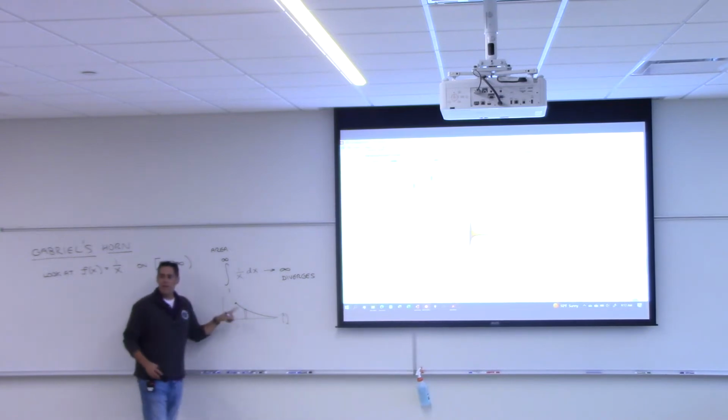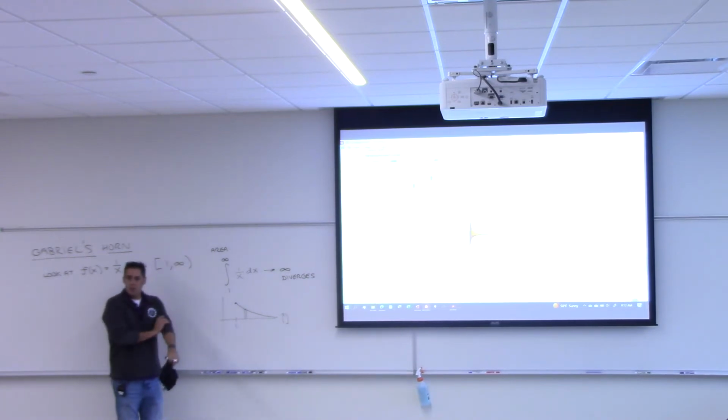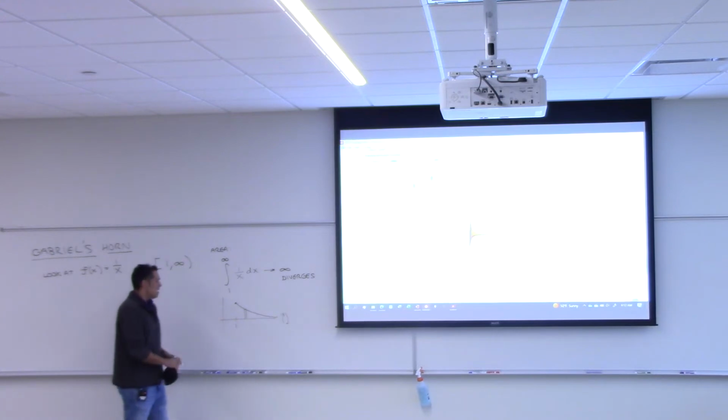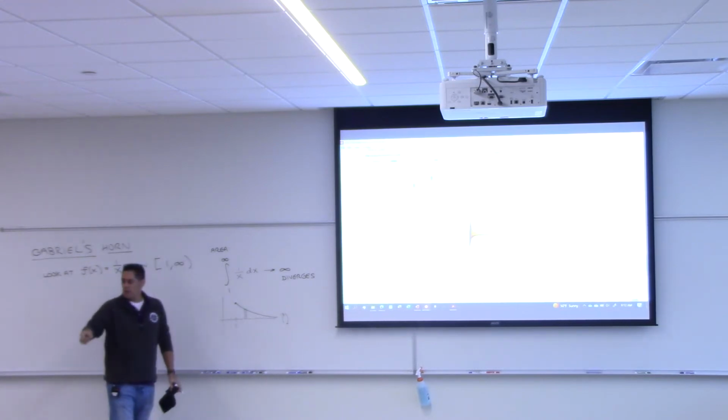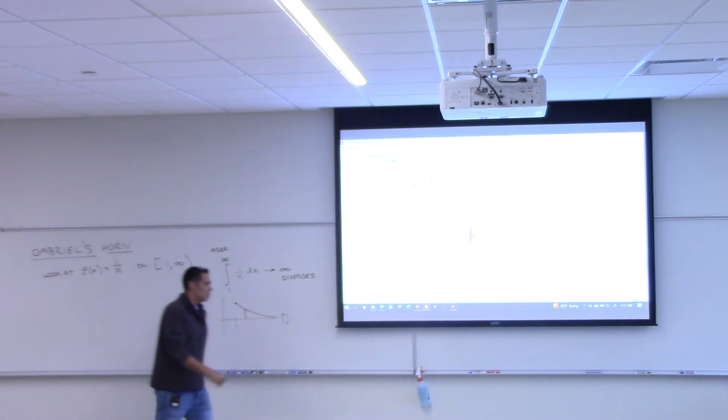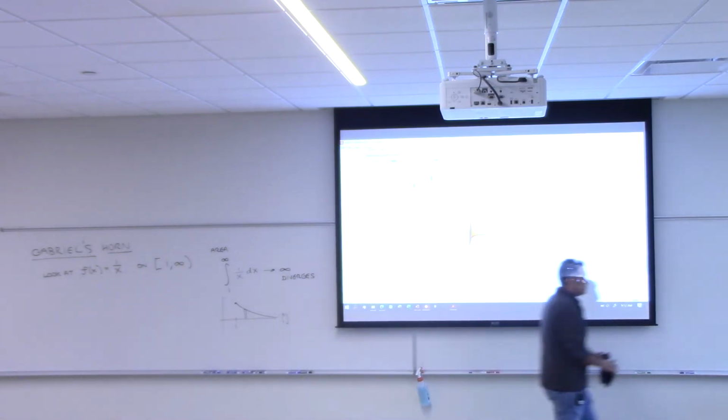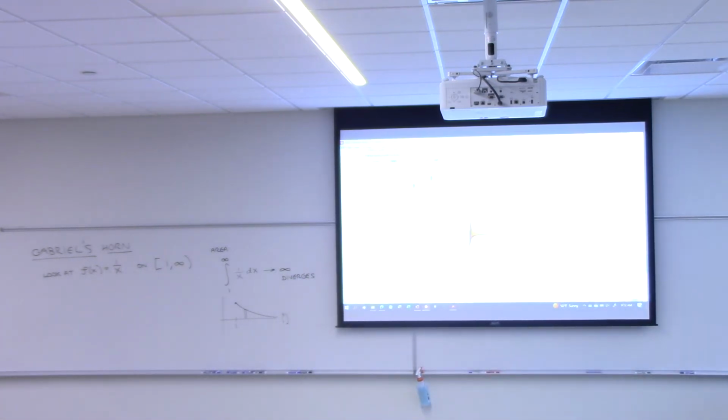We wrap around, that's good for a washer. What's the outer radius? The distance from the axis of rotation to the top of the rectangle, that's just the function. What's the bottom radius? 0, because it's just the x-axis. So if we follow the formula that you now have, we're looking at the first one there, the first box.